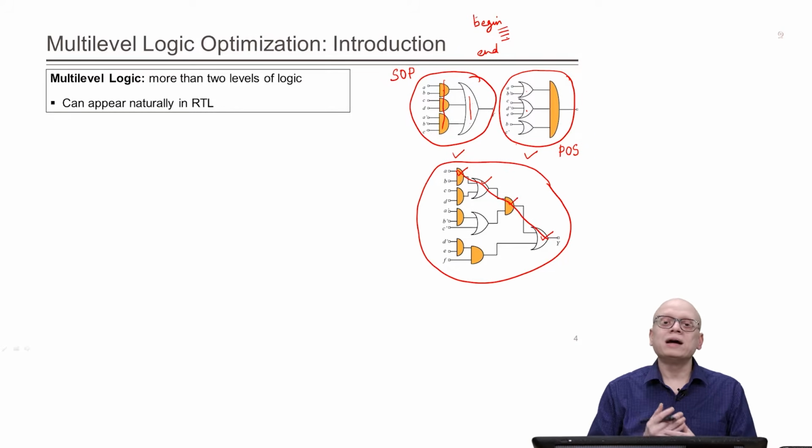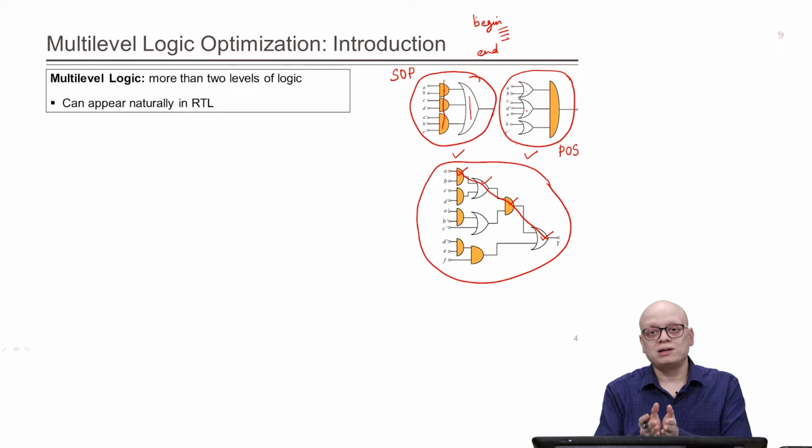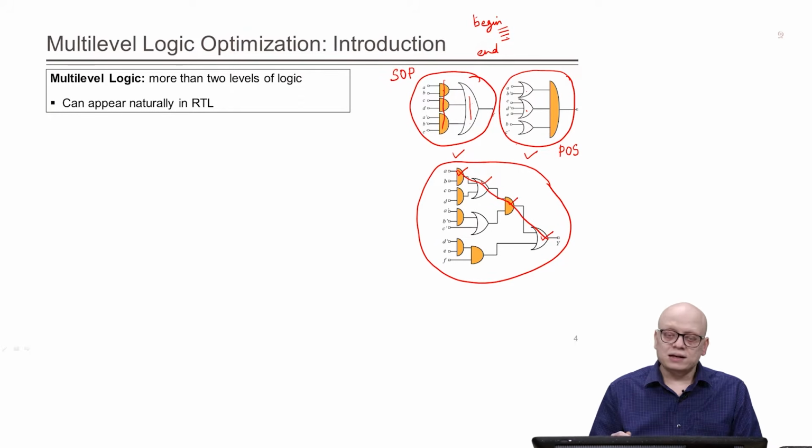Now, how to optimize this kind of multi-level logic? One solution could be to convert every multi-level logic into two-level logic and then apply the techniques that we discussed in the last lecture, that is two-level logic minimization. That could be one of the ways to handle multi-level logic. But there are some limitations of two-level logic.